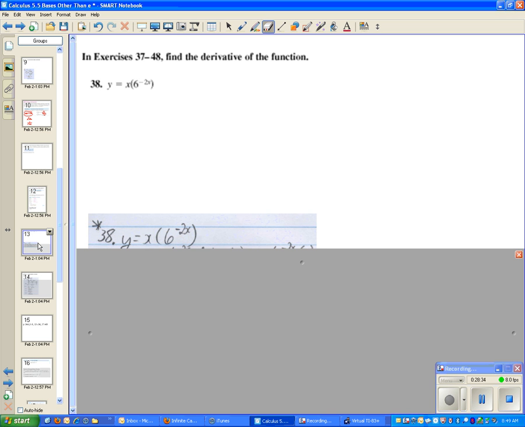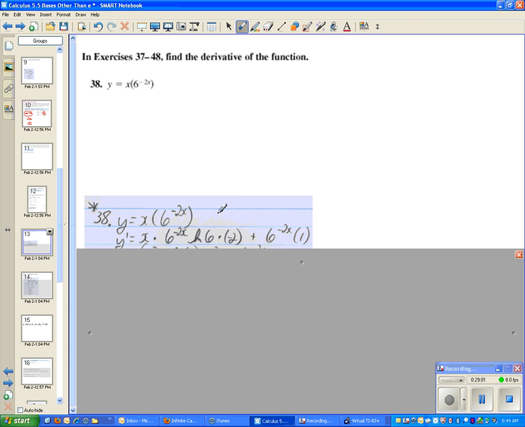Number 38. Find the derivative of the function. So here on 38, we have y equals x times 6 to the negative 2x. All right, product rule. First function, x, times the derivative of the second.